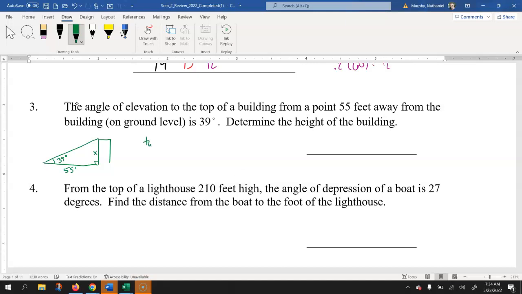So we use tangent of 39 degrees equals the opposite over the adjacent. For this, we just multiply both sides by 55. When you do that, you get 44.5 feet as your answer.